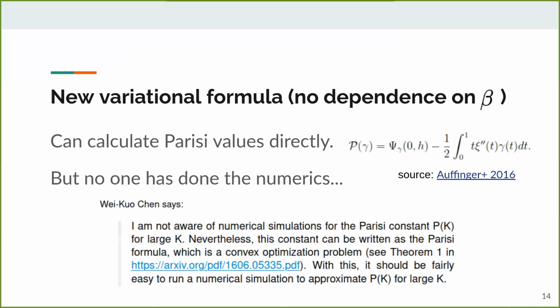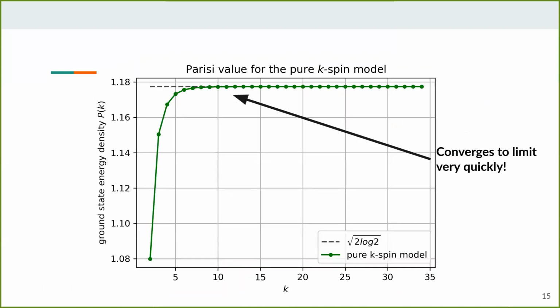It does actually calculate the Parisi value, named after the person who invented the trick. There's a new way to calculate this formula that came out recently that doesn't depend on beta. You don't have to take infinite limits over infinite limits, but no one had done the numerics before. So what we did is we calculated the numerics of these Parisi constants for k up to 35 for the kXOR problem. This is what we get.